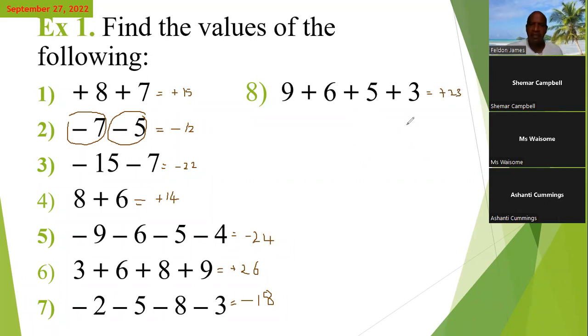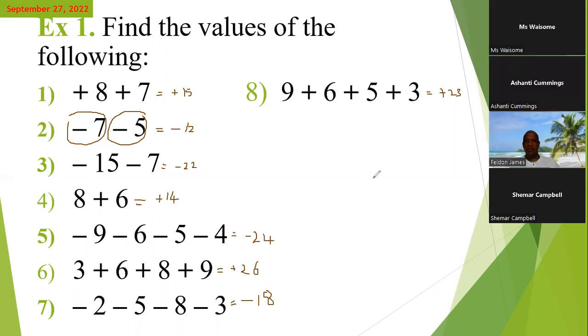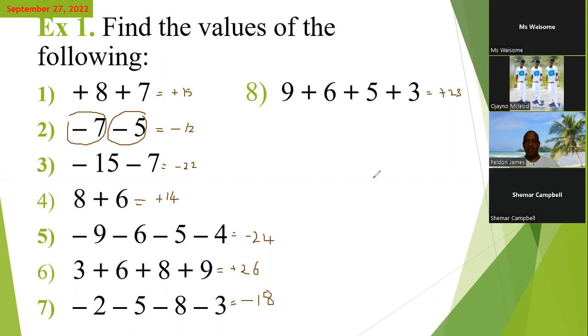All right, let me see the hands of those who got all of them correct. You got all of them correct, Miss Lisa? Yes, sir. Let me see the hands of those who only got one wrong.